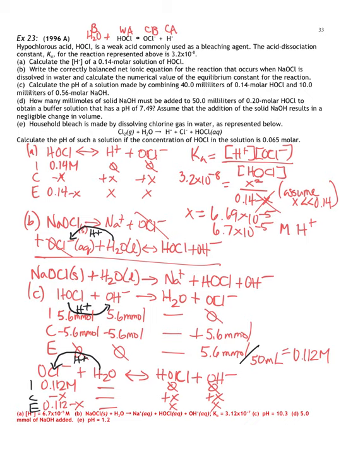Oh, I'm going to write the expression out. I don't have much room, so I'm going to write it up here. So my KB for this reaction is HOCl times OH minus, so products over reactants. And the KB value is in fact calculated by taking KW divided by KA.